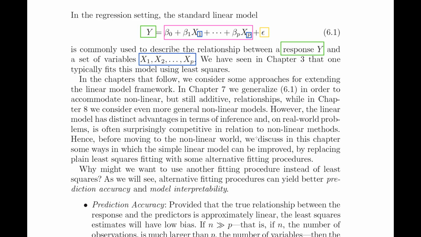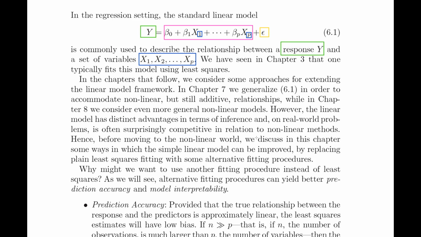What does least squares aim to do? It minimizes the mean square error based on the training set data, based on the observations that you're feeding the modeling process when you're calculating those parameters from beta naught to beta p.